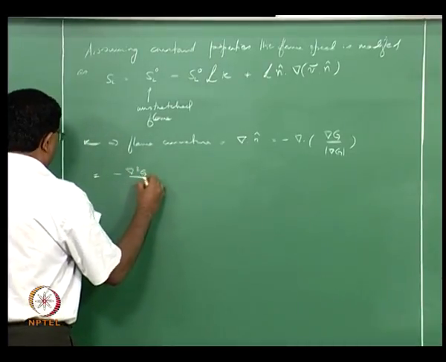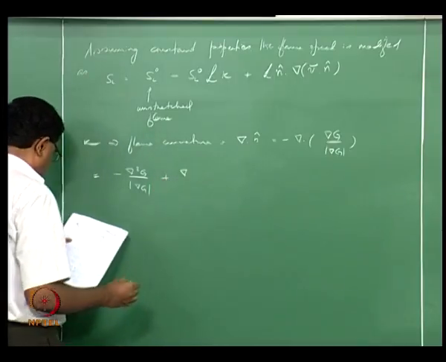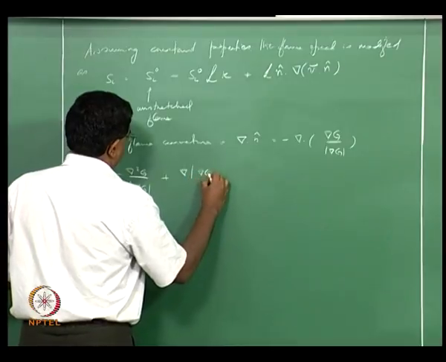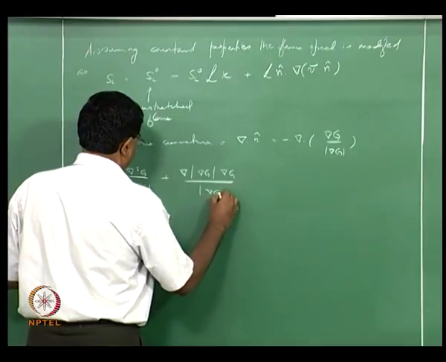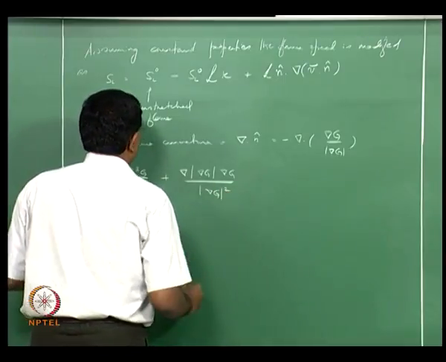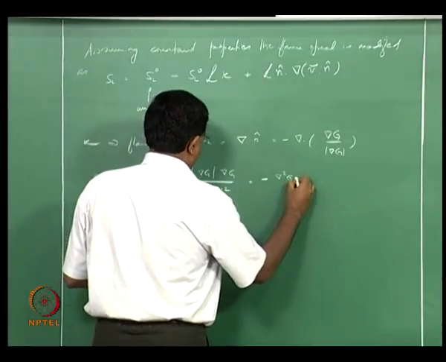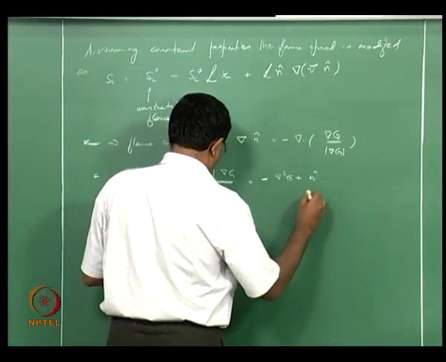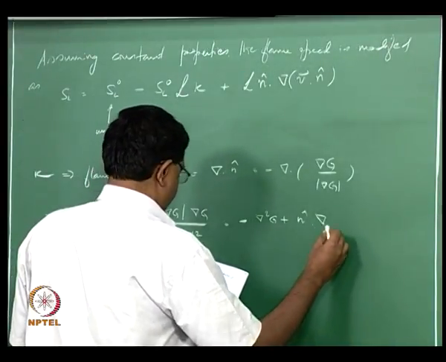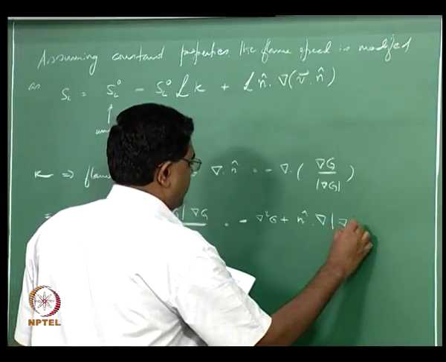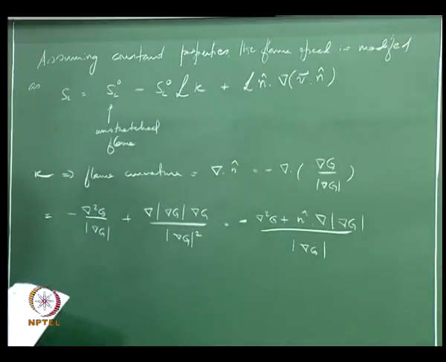So this is del square g divided by mod grad g plus grad mod grad g times grad g divided by mod grad g squared, which is minus del square g plus n hat dot grad mod grad g divided by mod grad g.